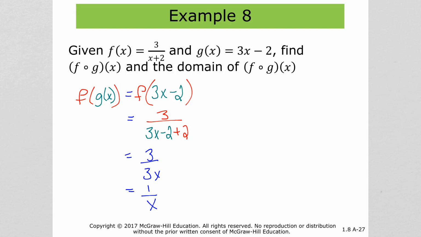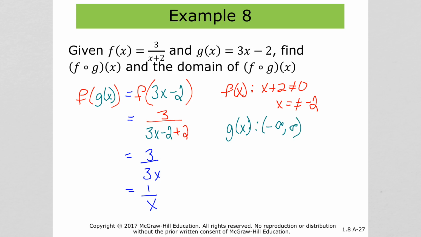So first, let's look at the domain of f of x. Well, the domain of 3 over x plus 2, the bottom cannot be 0. So x cannot be negative 2. For g of x, 3x minus 2, the domain is all reals. So we're good with that one.